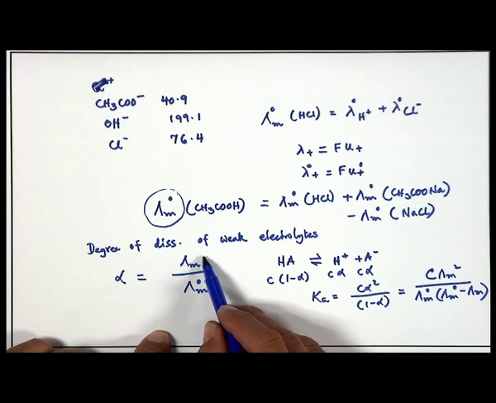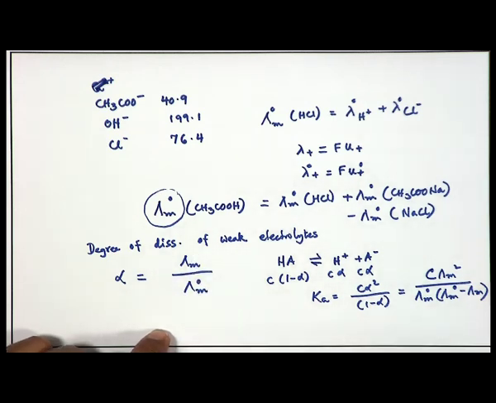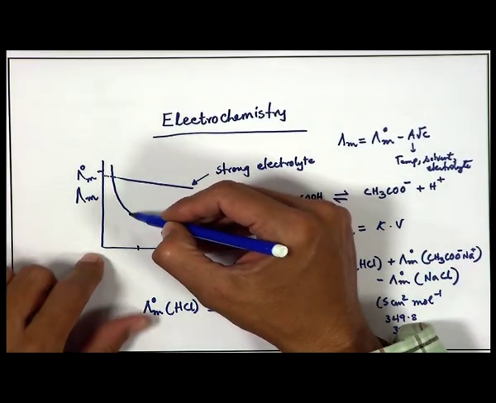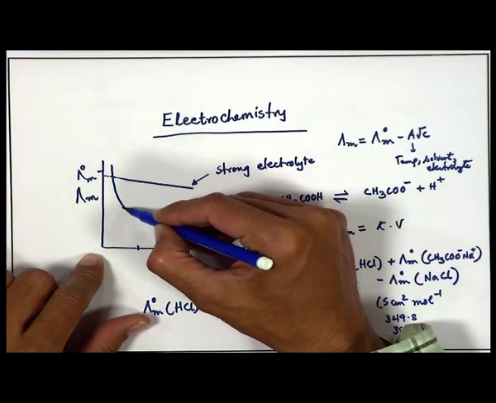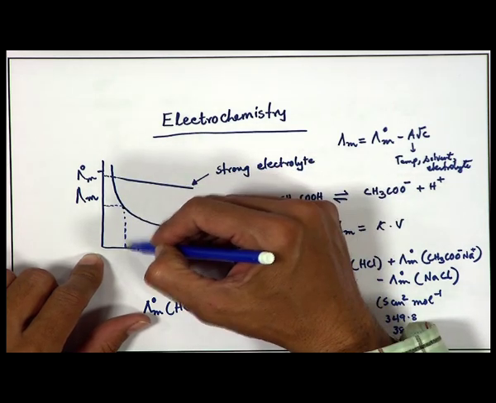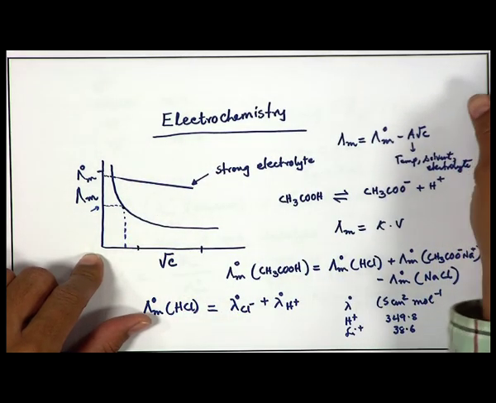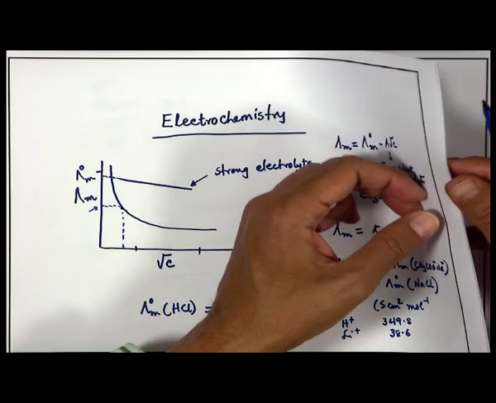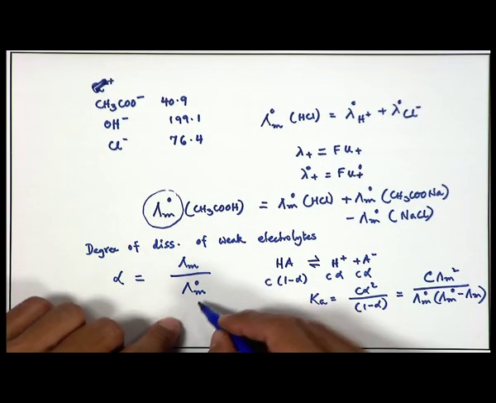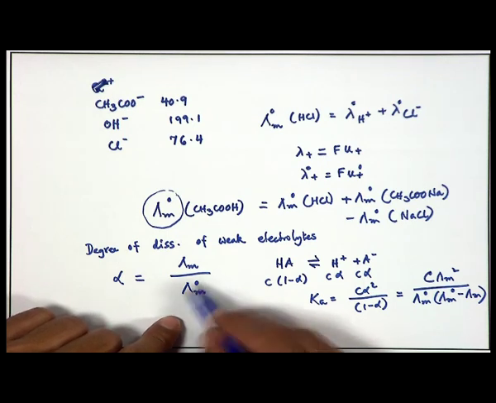So, you will get this number experimentally, because from the graph, for a given concentration value, you are getting lambda m at this point. So, therefore, you plug in this information to the numerator, and the denominator comes from this application of Kohlrausch's law of independent migration of ion.